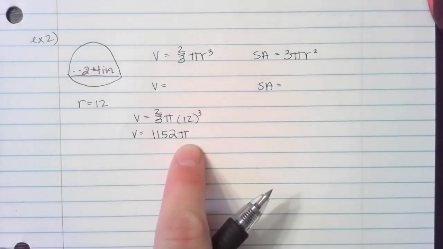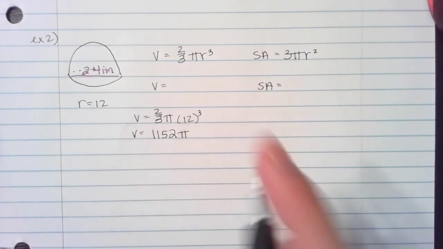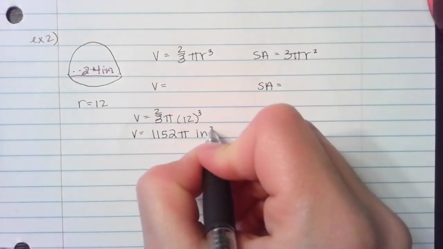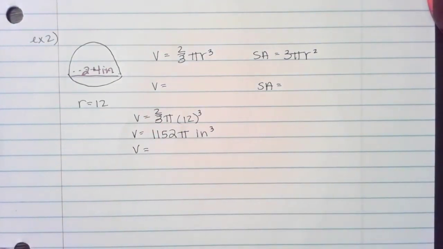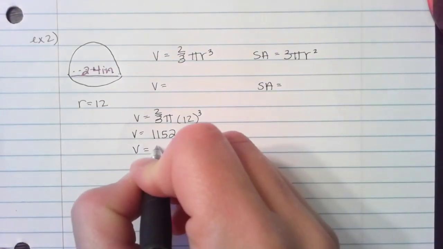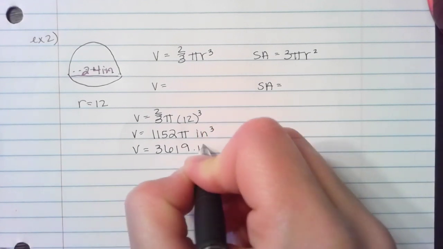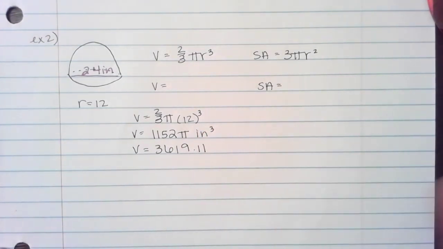That's not including the pi when you type in the coefficients, and that's inches cubed. But if I was asking for the rounded answer, which I normally am, that would be 3,619.11, and I think it's like 114 or something, but technically we'd round down.